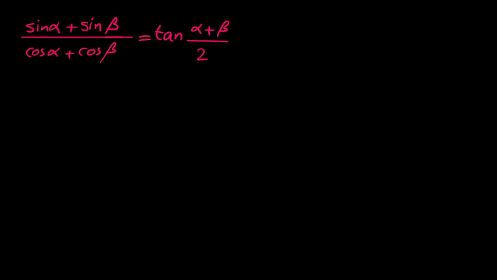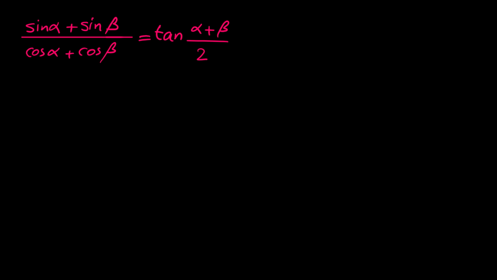Now look at this example. Sine of alpha plus sine of beta over cosine of alpha plus cosine of beta is tangent of alpha plus beta over 2. For the numerator, again we use the sum to product formula.